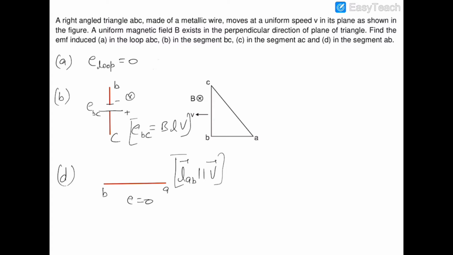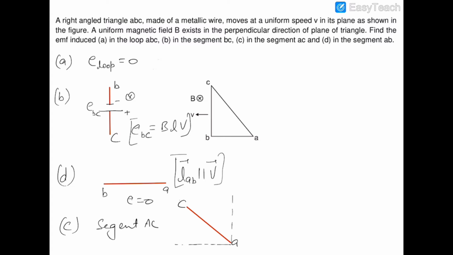Now in segment AC, we will see that AC is inclined at some angle with the horizontal, and there would be two components of AC. One component is like that, and the other component is like that.